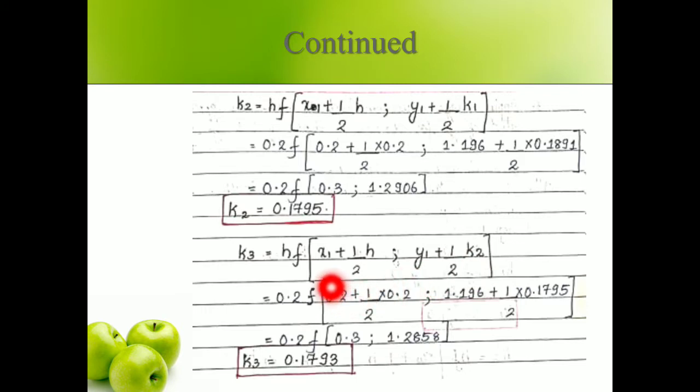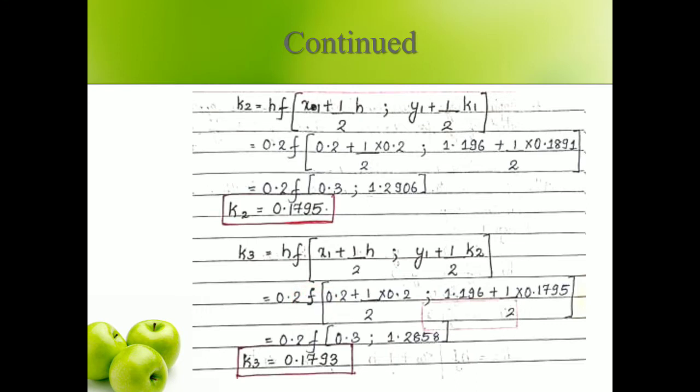Substituting the values of x1, h, y1, k2, we get f of 0.3 and 1.2858. Substituting x value as 0.3 and y value as 1.2858 in the given dy by dx, then multiplying by 0.2, we get k3 value to be 0.1793.